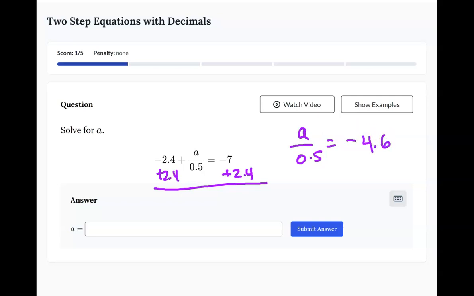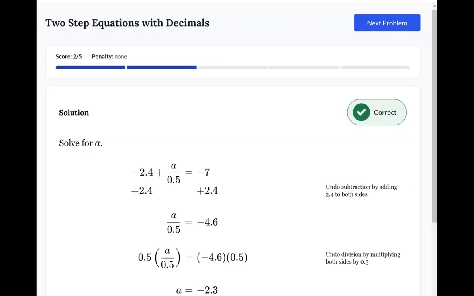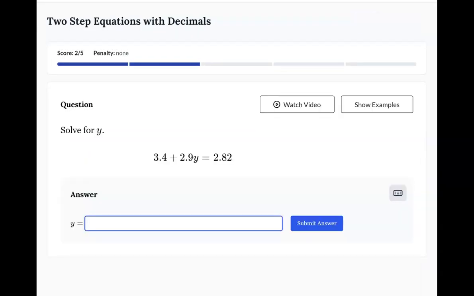And now I'm going to multiply both sides by 0.5. And I get -2.3. Oops, 2.3. In this question, I'm going to subtract 3.4 from both sides and then divide by 2.9.